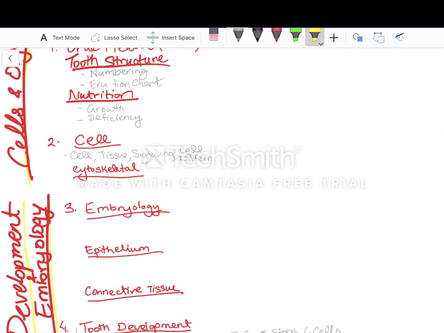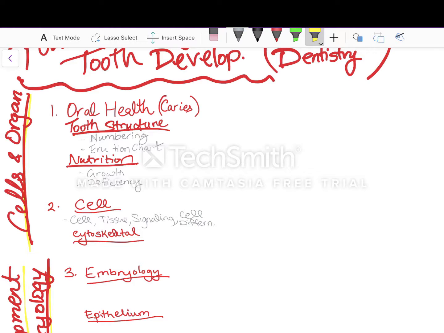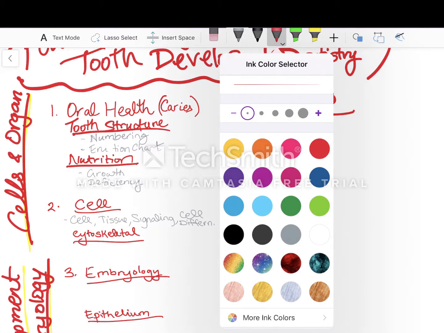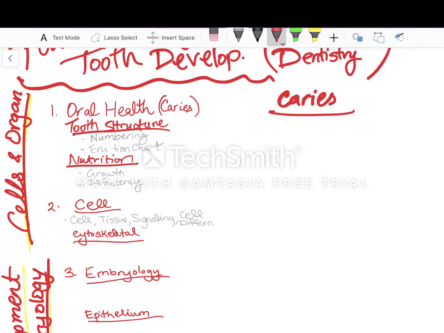And just beginning, the most important thing in dentistry is preventing caries. So caries is our end product. And basically, if you can understand what leads to caries, then we can intervene at the various steps and stop the process.